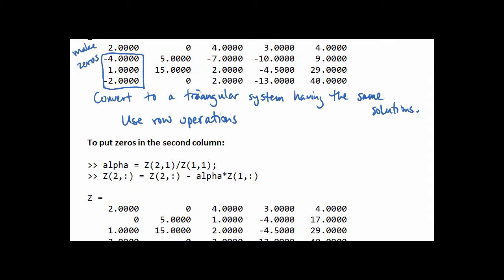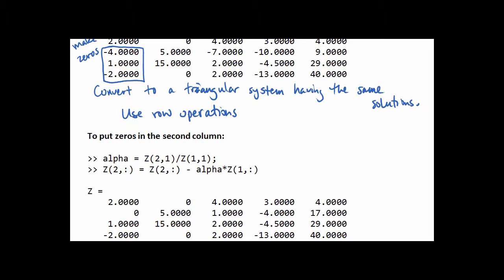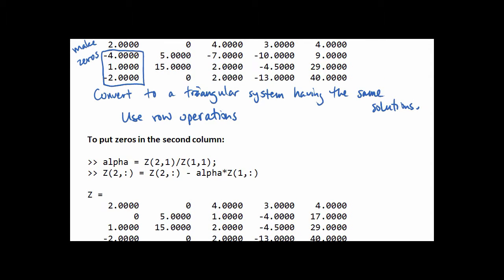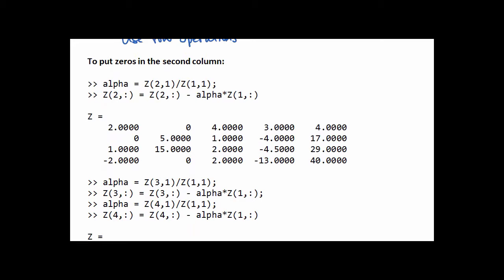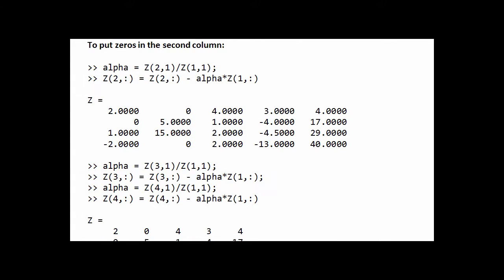So the way we can systematize this is, instead of computing those factors like 2 and 1/2 and 1 and so on in our head, we'll just let the computer do them for us. So in order to put a 0 in the second row of the second column, we define this alpha, which is a row multiplier.